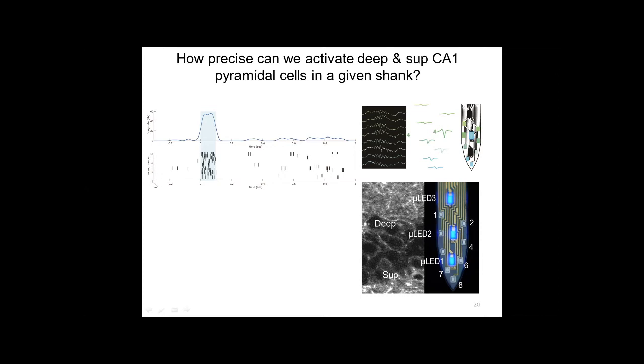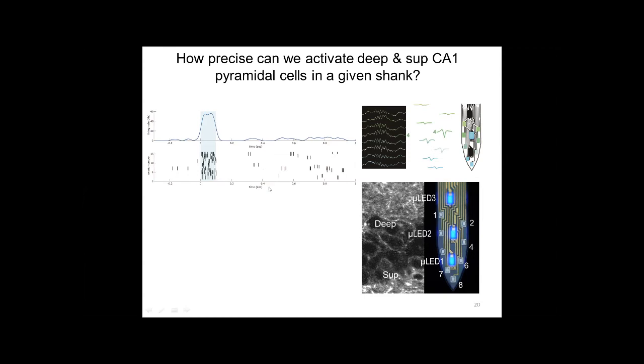Here are the different trials where we apply stimulation, like 15 in this case, and you see that systematically each tick here is an action potential. Without the stimulation, you see the background firing rate, and when you stimulate, you see an increase, so you can estimate a kind of firing rate curve that tells you how much you are activating the cell.